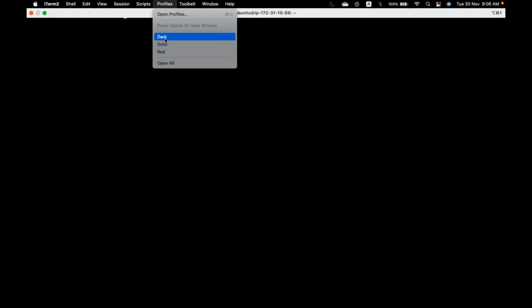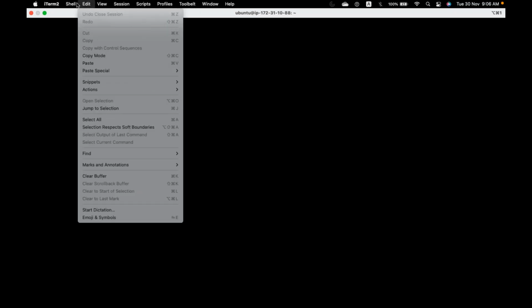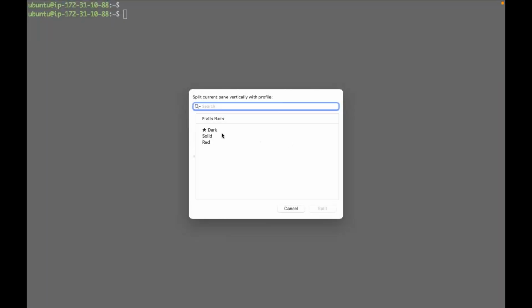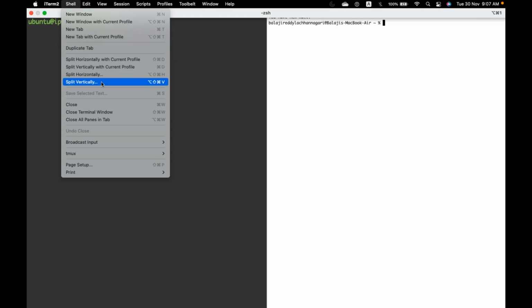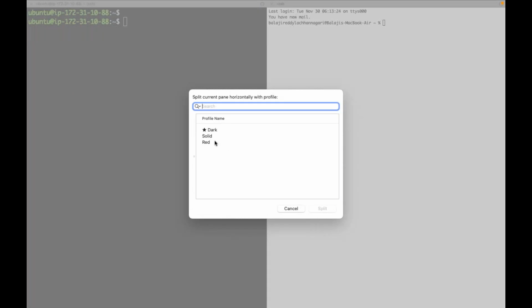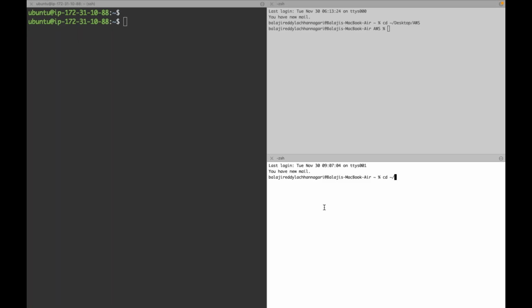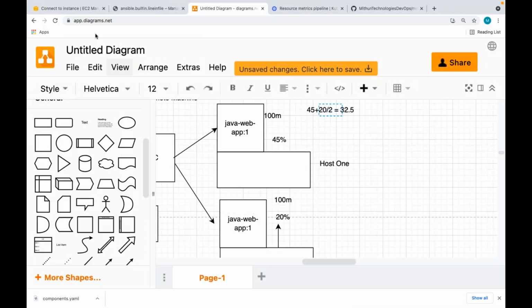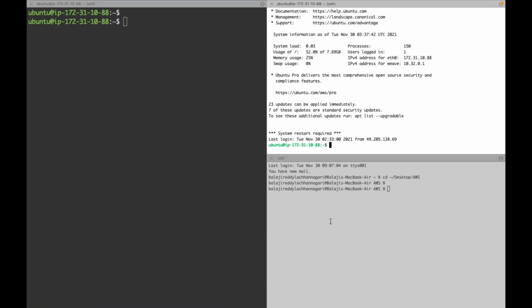Before that, let me connect to the same machine where I have kubectl installed, so that we can see what is going to happen in the background. Let's watch what is going to happen. Let me connect to the same machine where I have kubectl.